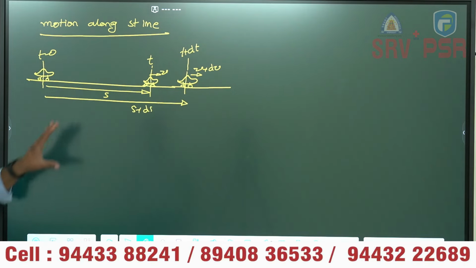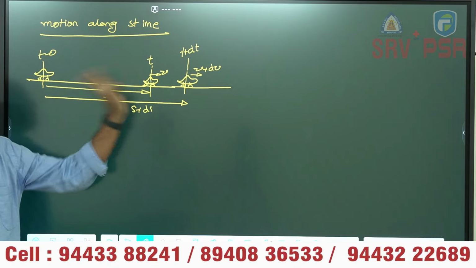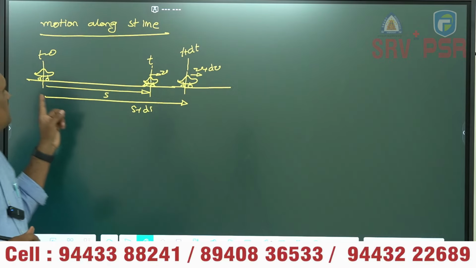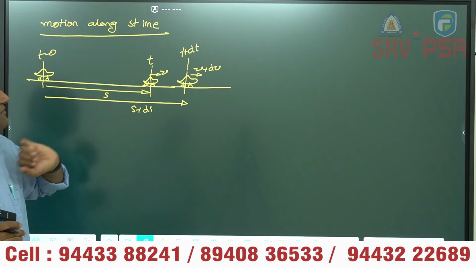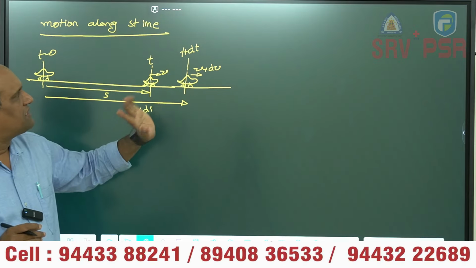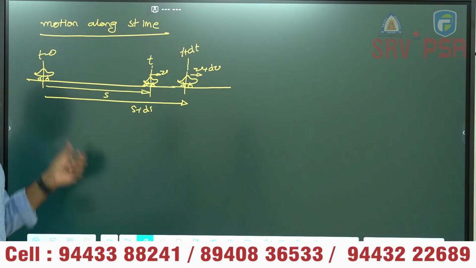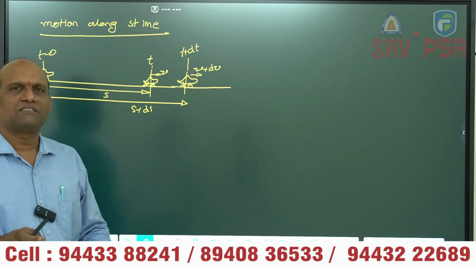You see this question, this is the entire thing involved in this topic. Say the car has started, covers s distance in the time t, acquires the speed v. The speed becomes v plus dv in the time of t plus dt, covers a little more distance s plus ds.